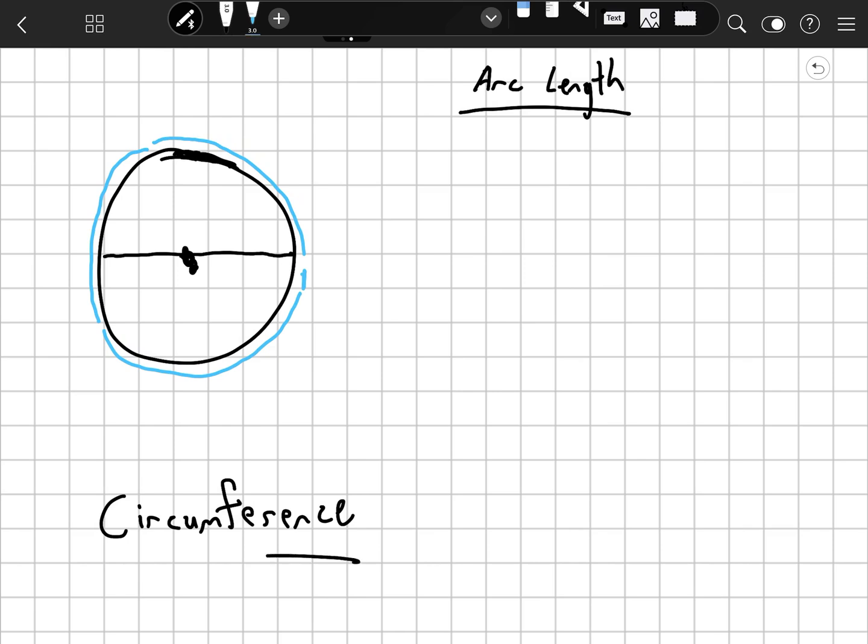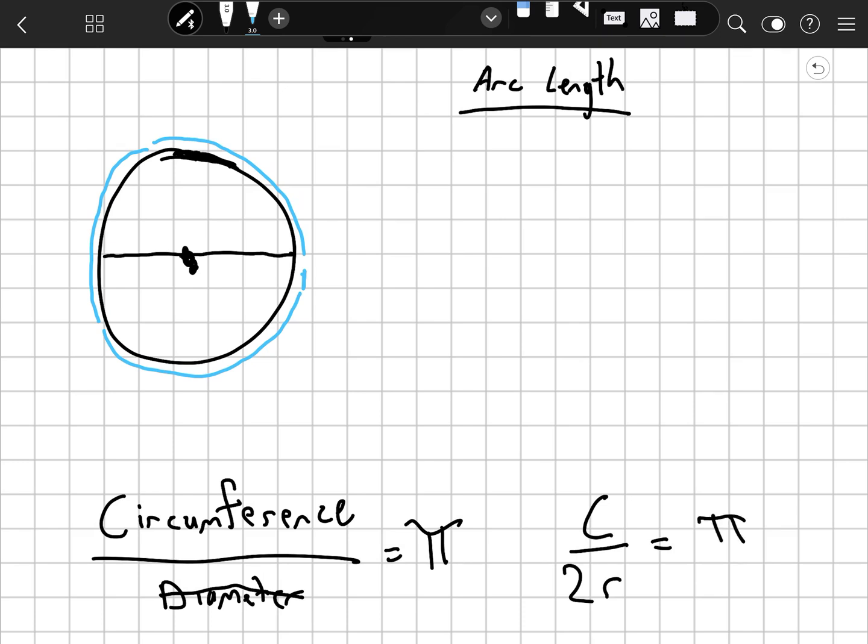So let's just write that down here. Circumference over diameter equals pi. And we can manipulate this formula a little bit. We can exchange diameter with, well, C over 2 radii equals pi. So we just exchanged 2 radii for a diameter because you can see two of them here.